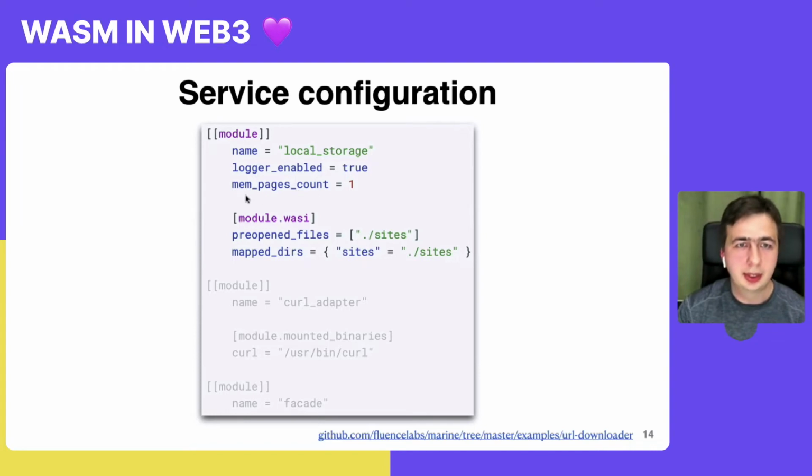The next setting is about the count of memory pages that can be used by this service. These pages are WebAssembly pages of 64 kilobytes, and we could set this setting for each module. So we could set the maximum amount of memory that a module could use inside Marine and inside the operating system.